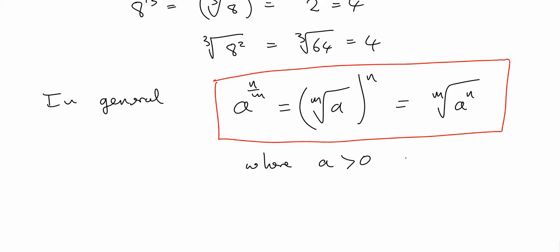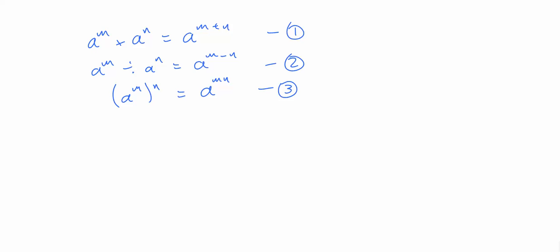And we also must have m not equal to 0, as we can't divide by 0 in the fraction n over m. So the three rules here are true when m and n are fractions, provided a is greater than 0, and in fact they're true when m and n are any real numbers.